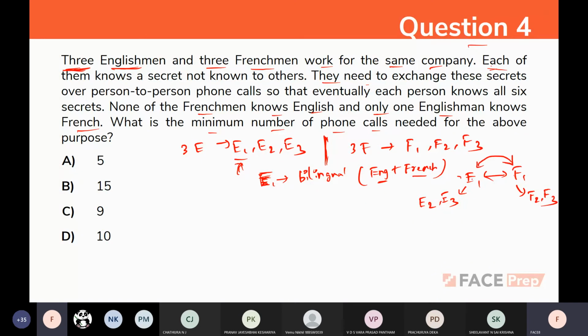Okay, so for this purpose, what we can do first, we can make the call of E2 and E3 with E1 first. Now we made 2, and eventually E1 knows all the secrets of Englishmen.